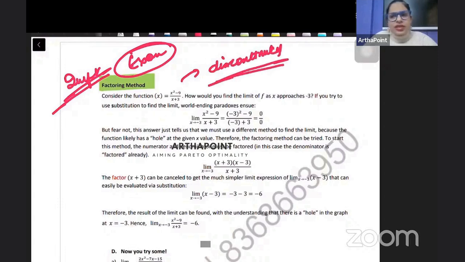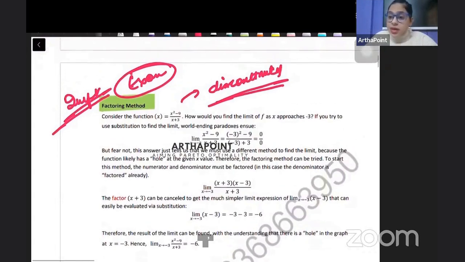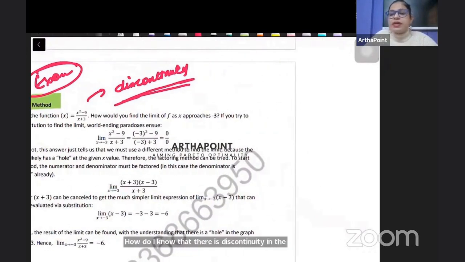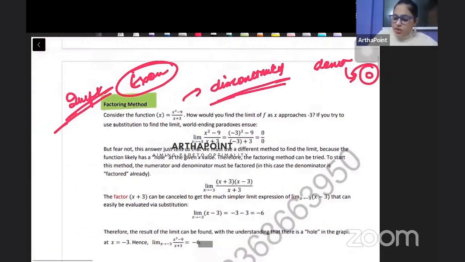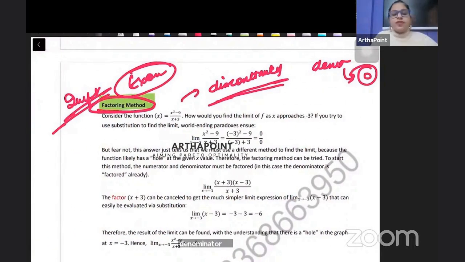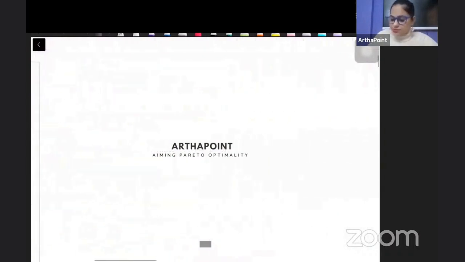How do I know that there is discontinuity in the function? Sometimes it will happen that the denominator will become 0. So in such cases, जब आपका denominator ही 0 हो जाए, you can go ahead and apply the method of factoring. क्या method use कर सकते हैं बच्चे हम? Factoring method.